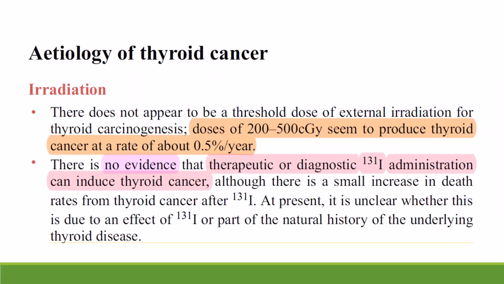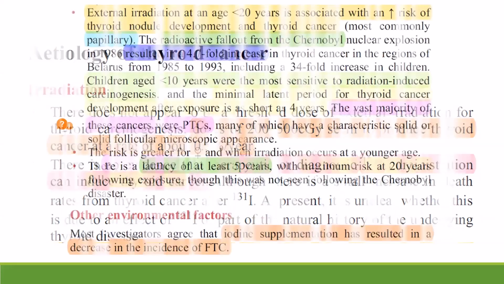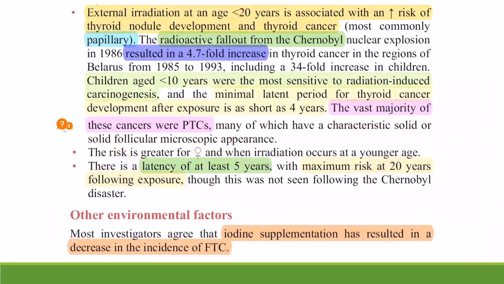At 100 to 500 it seems to produce thyroid cancer at a rate of less than 0.5% per year. There is no evidence that therapeutic or diagnostic radioactive iodine ablation can induce thyroid cancer, even in children actually, but it is not recommended in children less than 5 years of age.